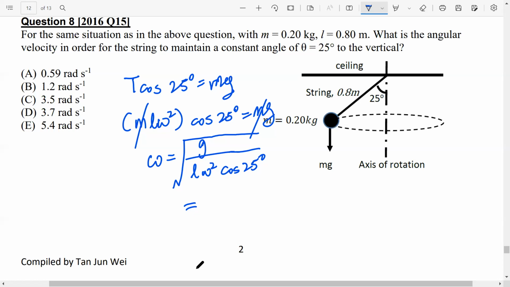L is 0.8. Wait, there's no omega squared here.